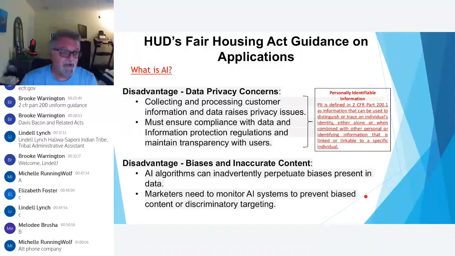And if it's entered incorrectly, it can make a huge difference in our prognosis, in our diagnosis, in our bills. So that analogy applies to what we're talking about here: data privacy concerns and information. And of course, even though it has zero tolerance, there are going to be biases and incorrect, inaccurate content.